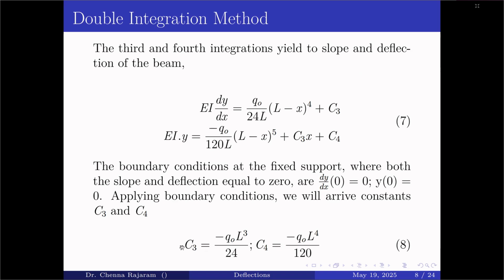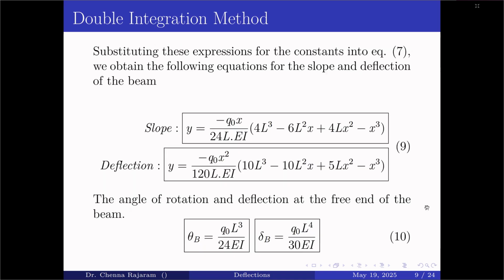After applying the boundary conditions, substitute the constants in this equation to obtain the slope and deflection. The constant values are C3 is equal to minus q0 L cube divided by 24 and C4 is equal to minus q0 L to the power of 4 divided by 120. Upon substituting these values, the slope and deflection equations are given like this.